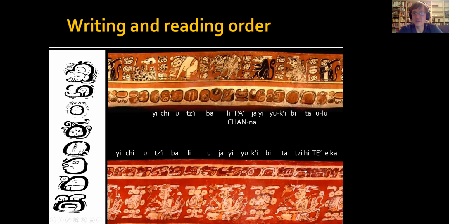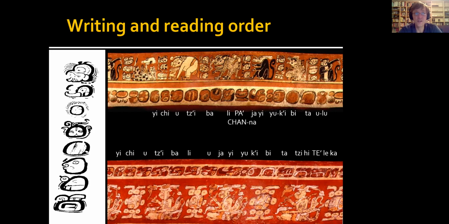Now, how do you write in Maya glyphs? In fact, it is possible to write in Maya glyphs just as we do in English, from left to right and top to bottom. So on the screen, you can see Maya hieroglyphs. And those hieroglyphs show a typical statement on a vessel.